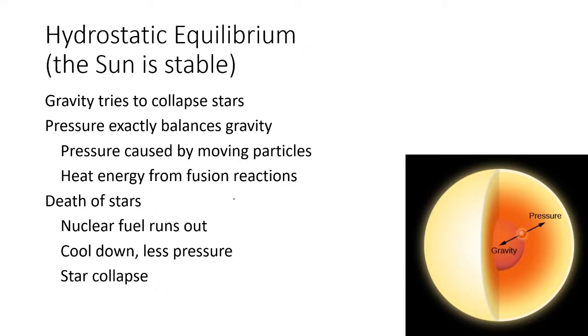Once the nuclear fuel runs out, again, using the Lego analogy, once you've taken all your little hydrogen Legos and fused them into helium, and then maybe you took all your little helium Legos and fused them into a heavier atom, at a certain point, you're not getting as much energy. The star is cooling down, you have less pressure, less heat, and the star will collapse.